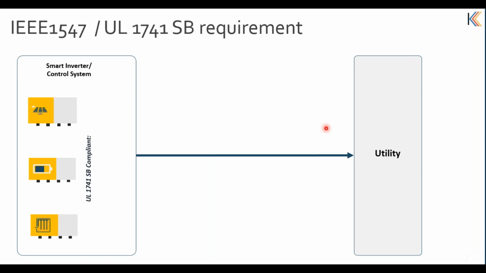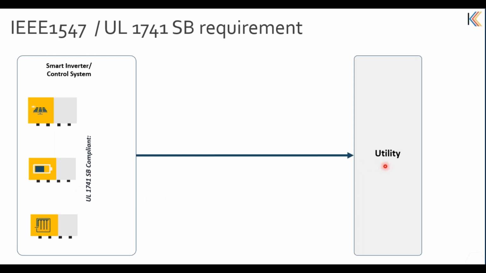The 1547 or UL1741 SB requirement is primarily for DER devices like a PV inverter or a battery storage controller or a fuel cell controller to exchange data. It could be information data, monitoring data from the devices, or control set points sent from the utility center or data center.